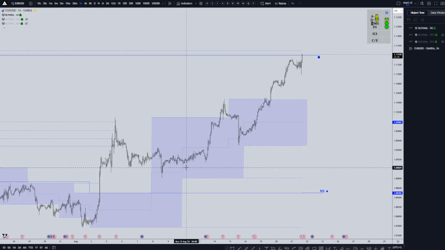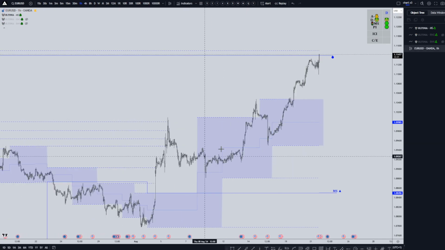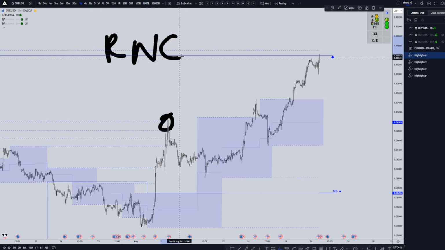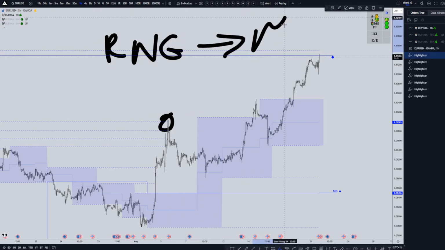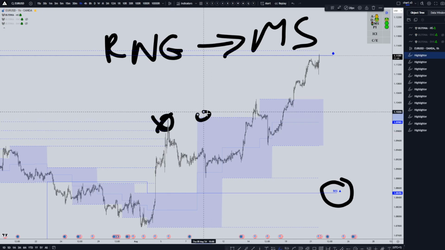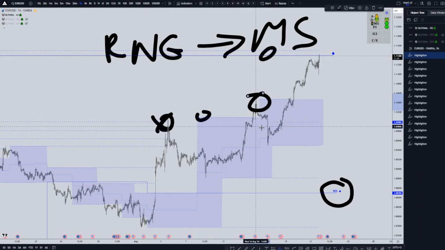And we want to see the low of the day, weekly golden template, low of the day golden templates, for price to deliver the market structure. The range's job is to deliver the market structure's intention, right? So we know the intention for market structure: take liquidity, take liquidity, take liquidity, right?